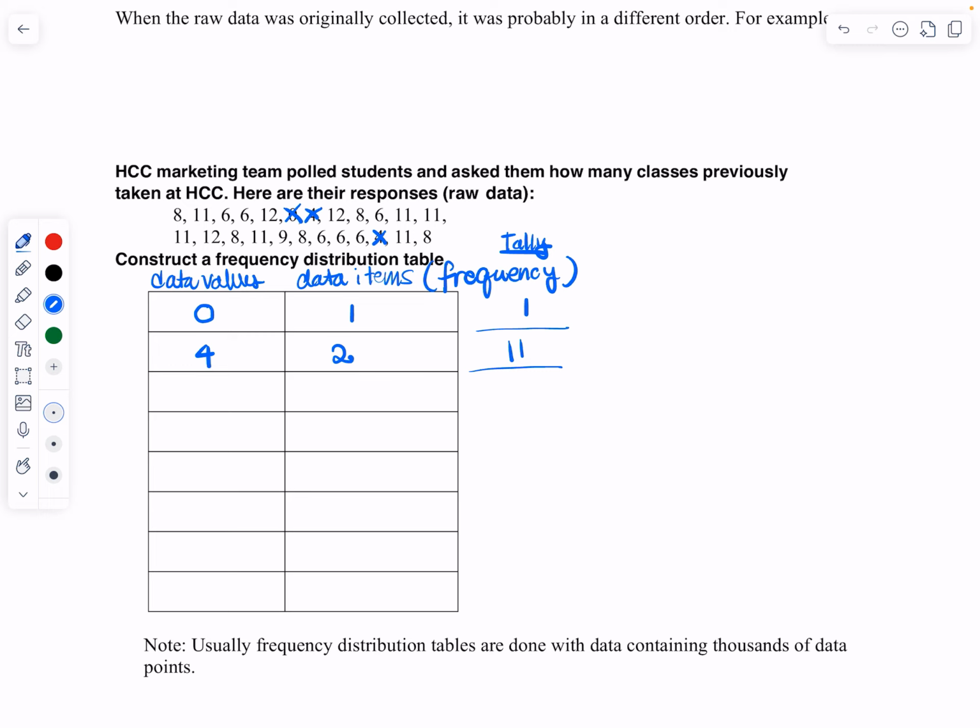It looks like 6 is the next one up. So 1, 2, 3, 4, 5, 6. So I'm going to put a 6 there as a frequency for 6. All right, now let's look at the next one up, which would be 8. So 1, 2, 3, 4, 5.